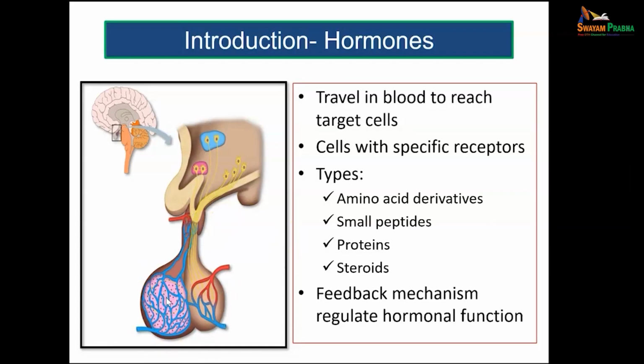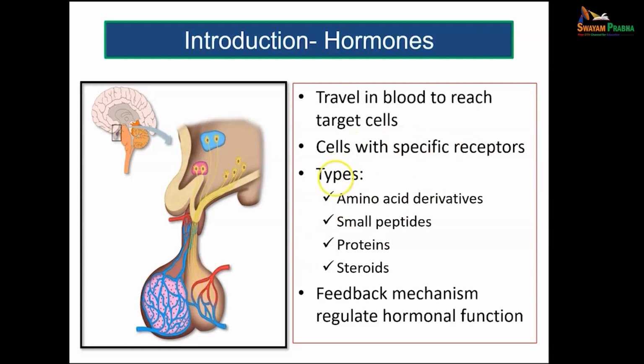The hormones produced by the endocrine cells enter the circulatory system to reach the target organs. These target cells have specific receptors which accept the hormones and absorb them.